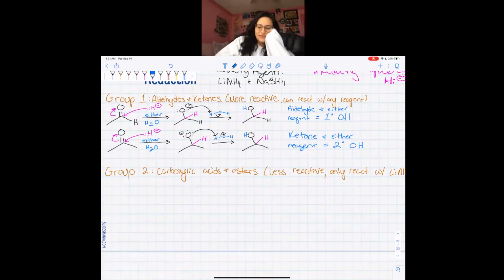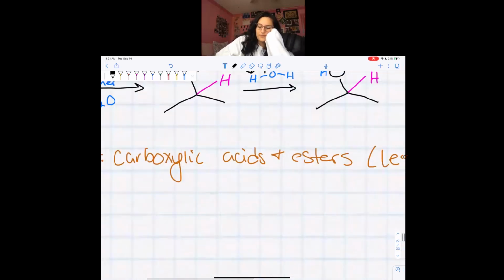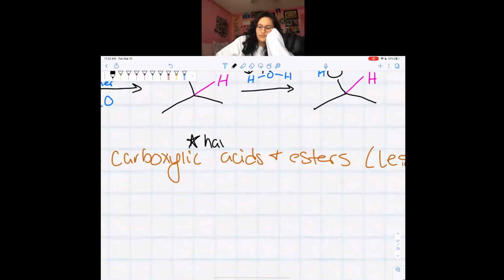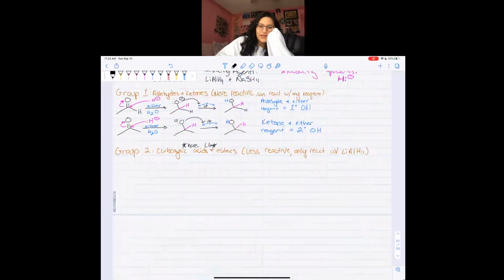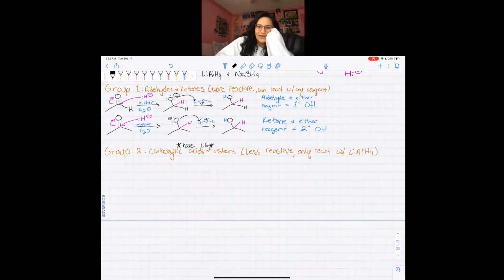The difference for group 2 is going to be carboxylic acids and esters have leaving groups. So I'm just going to write that down. Biggest difference is that they have leaving groups. So I'm going to zoom in again.